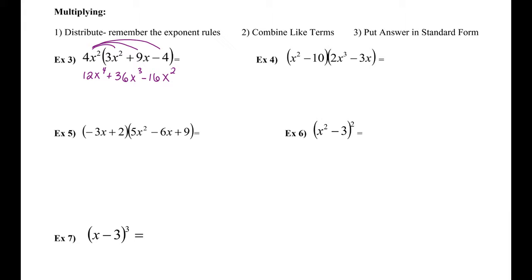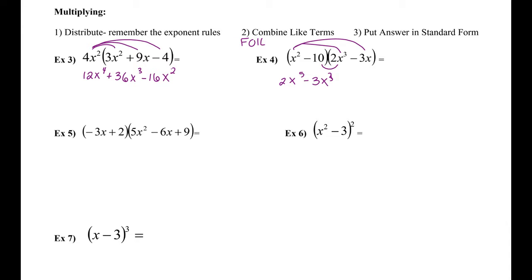For example 4, we're going to be distributing, because it's two binomials, you can use FOIL. So I'm going to distribute the first terms together and then the outer terms together to get 2x to the fifth minus 3x cubed.